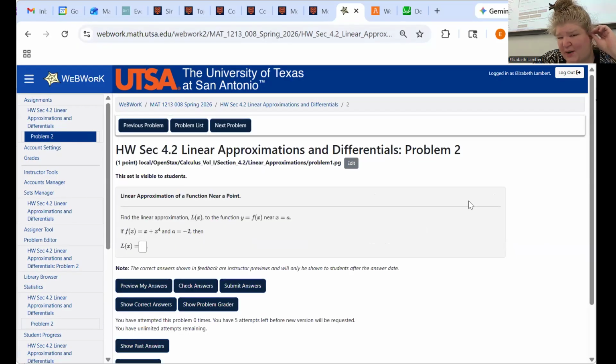Now, all the next problems are straight up asking, find the linear approximation to the function y equals f of x near x equals a. All right, so I'm going to screenshot this, flip my share back to the OneNote and work this out real quick.